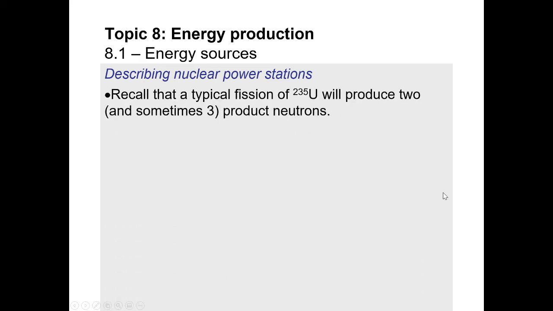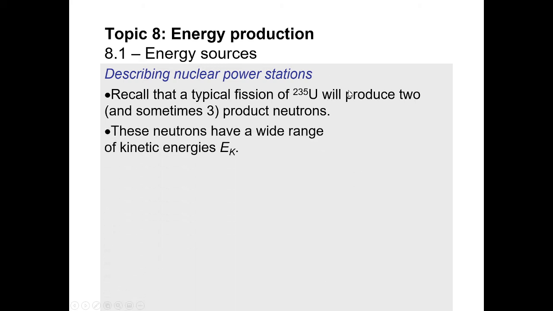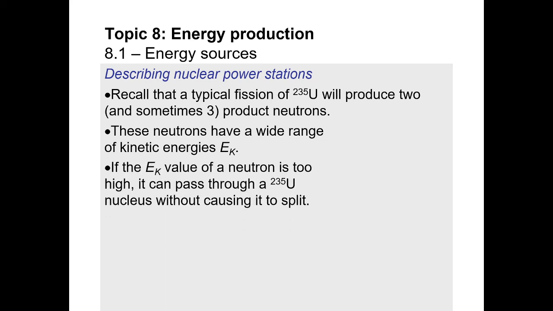Okay, so recall that a typical fission of uranium-235 will produce 2 and sometimes 3 product neutrons. Now, those neutrons, depending on how they're made, can have any kind of kinetic energy, any kind of speed. The mass of the neutron is the same, but the speed is going to change.